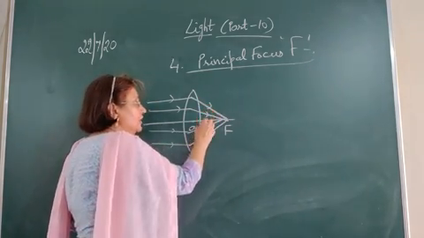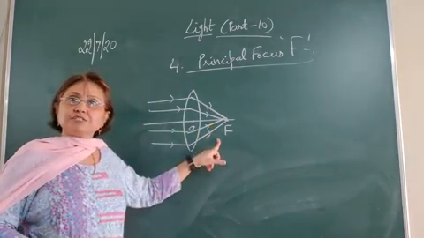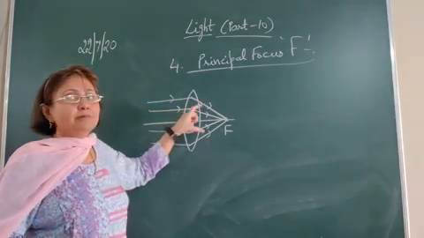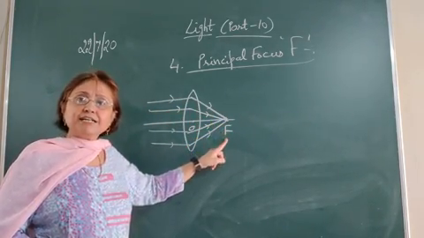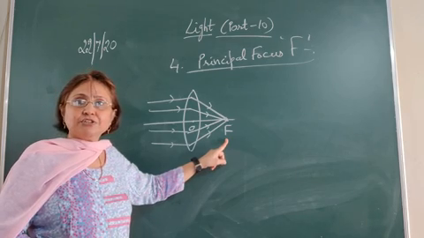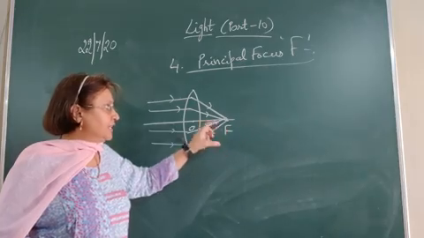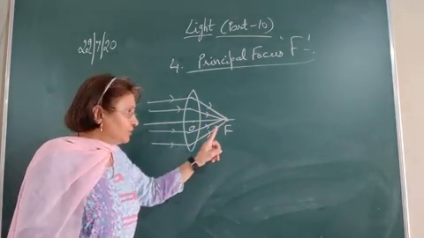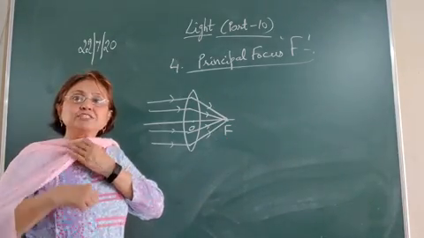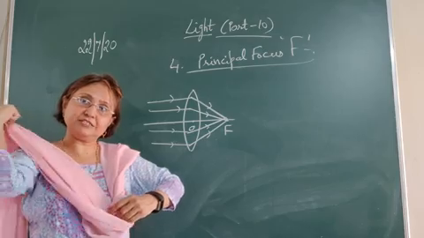This point is called the principal focus. So a parallel beam of incident light after refraction meets at a point on the principal axis on the other side, or you may say they converge at a point on the principal axis. This point is called the principal focus of convex lens.